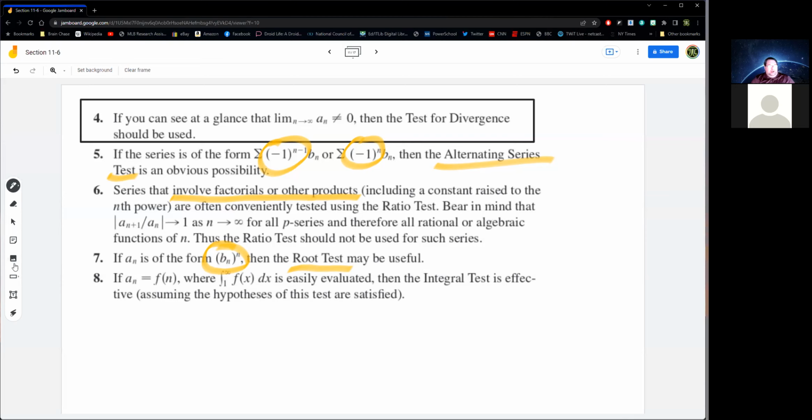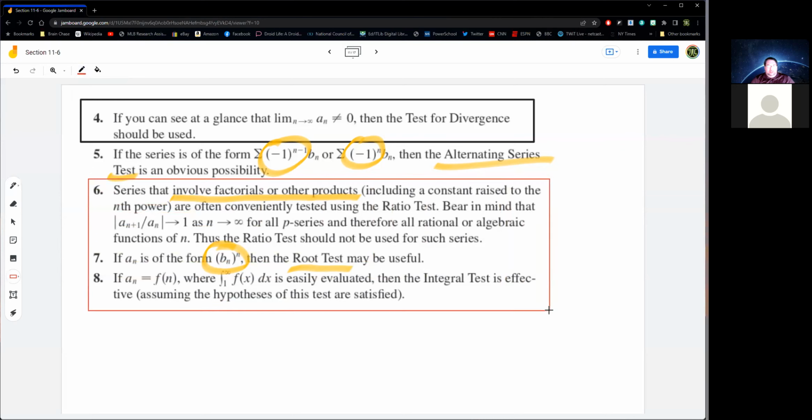These 3 down here, I kind of use those 3 interchangeably. We'll look for the 1 through 5 always first. Sometimes, depending on the problem and how it's set up, I might be able to do an integration really easy for it. I might do the integral before I do a root or ratio test.